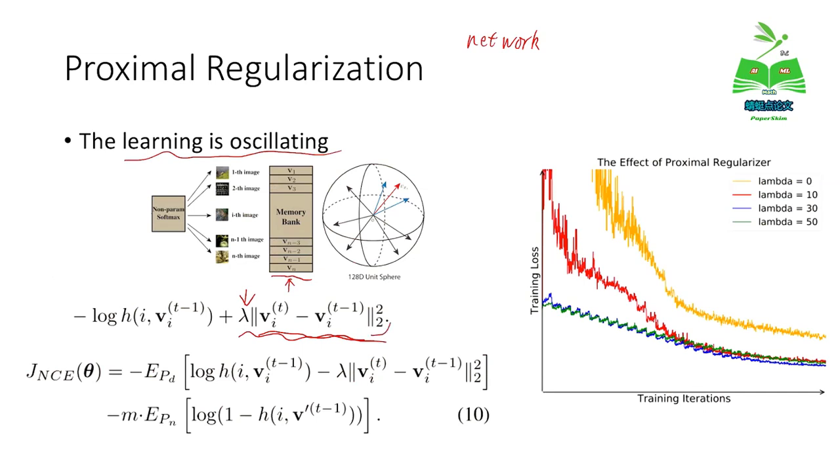Here, this one is the distance. So they want the change from time step t subtract 1 to time step t to be small. Then they plug it into the formula and get a new formula with the proximal regularization.